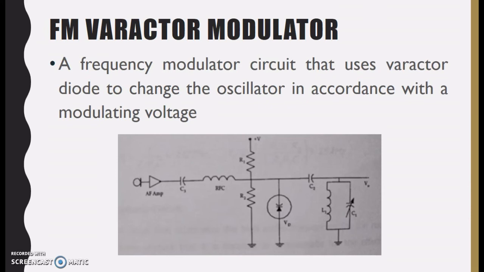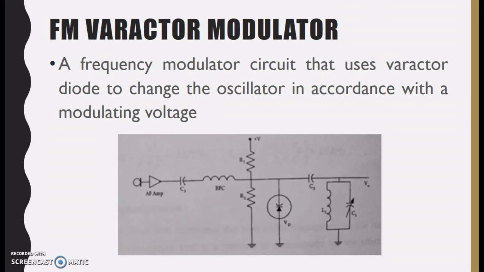The capacitance of the varactor diode is controlled by two factors: a fixed DC bias and the modulating signal. So in the figure, the bias on the D1, or the varactor diode, is set by the voltage divider, which is made up of R1 and R2. The modulating signal is applied through the capacitor 3 and the RFC.